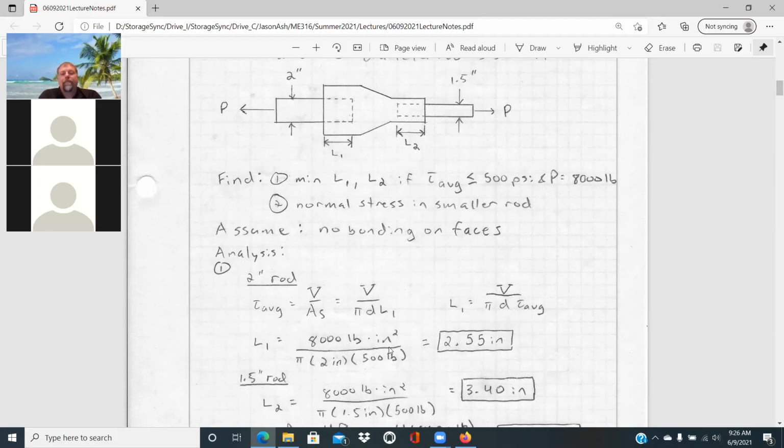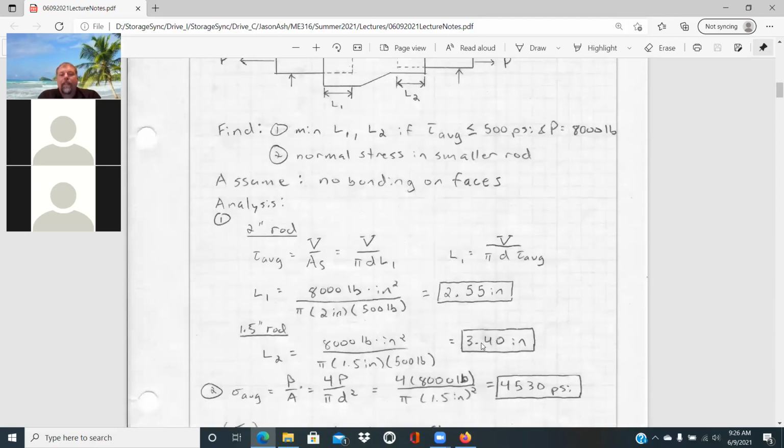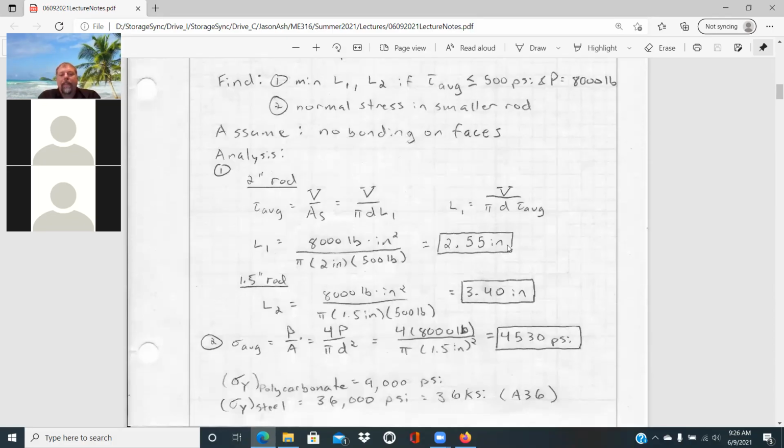So I put inches squared up in the top so we could see the unit cancellation taking place. And pounds cancel, and one of the inches will cancel on top to leave us with inches in the units. And everything comes out to 2.55 inches for that minimum length required to keep the shear stress below 500 psi.